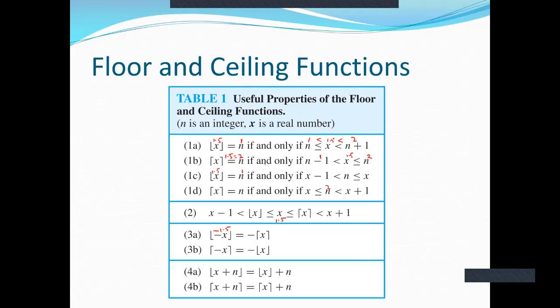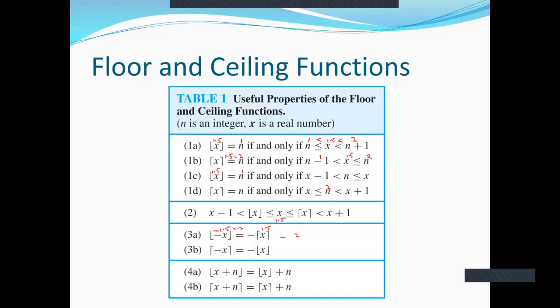So if we take the ceiling of 1.5, that is 2, and take the negative outside, the result is negative 2. So these two are the same. Negative ceiling of negative x is equal to negative floor of x.